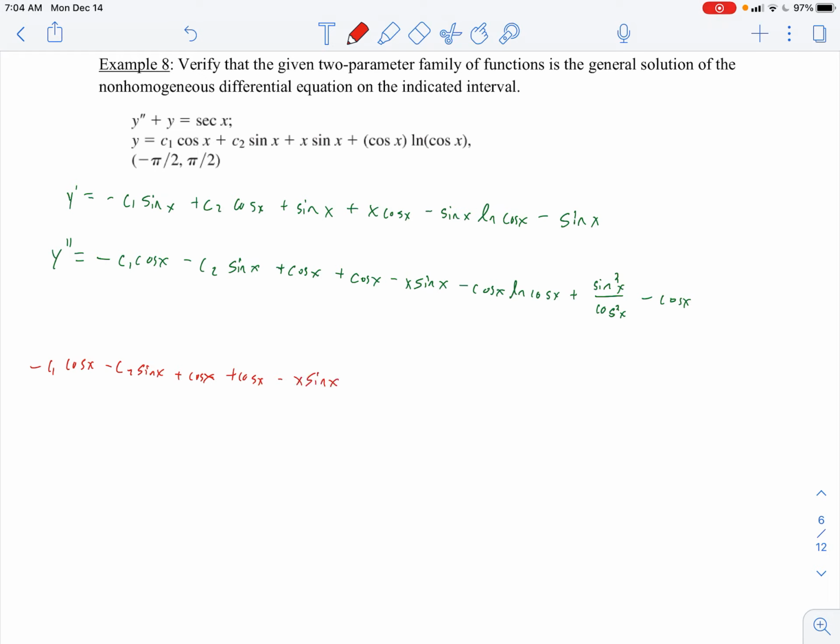So minus x sine of x minus cosine x natural log cosine x plus sine squared x over cosine x minus cosine x. And again, if you wanted to change it to sine times tangent of x, you could. Well, I should not say cosine squared. I should say cosine.